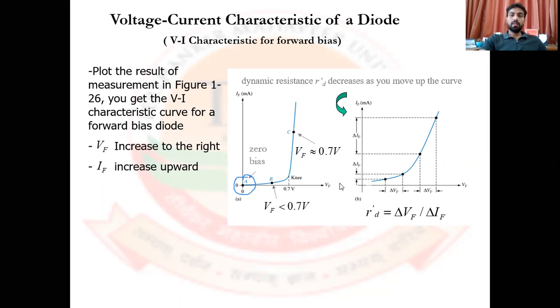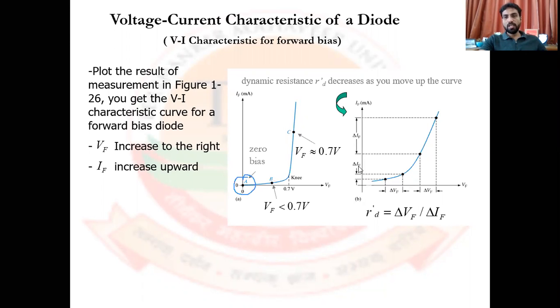Now if you see here, under this situation, what is happening? So we go to this second diagram. This second diagram indicates the resistance, which is called the diode resistance or the dynamic resistance. We see here the resistance varies continuously. If we see the difference in the current, we see the change in the voltage. Initially the change in voltage, delta VF, is large, but the change in current is very low.